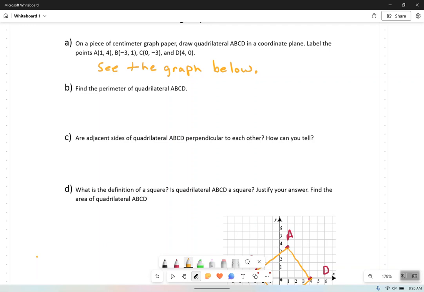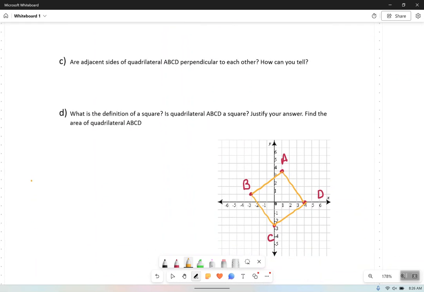Okay. Now, the first thing it says to do is find the perimeter of what? Yep. Problem is this. Guys, can I just count the distance on this, or are we going to have to use a distance formula? It's not a horizontal or vertical line, is it? No. Okay, so let's find that distance from A to B right here.